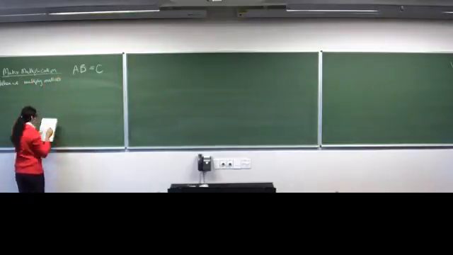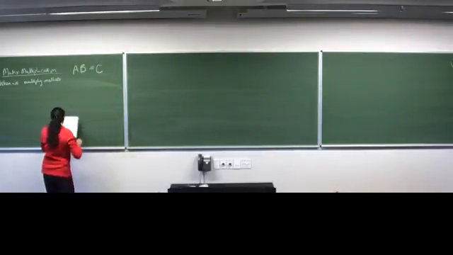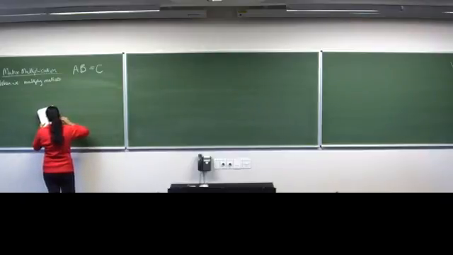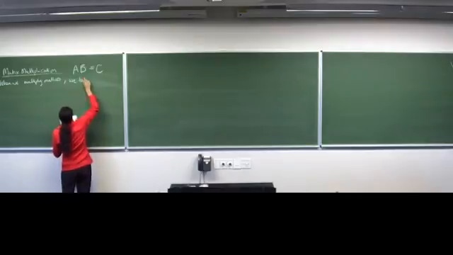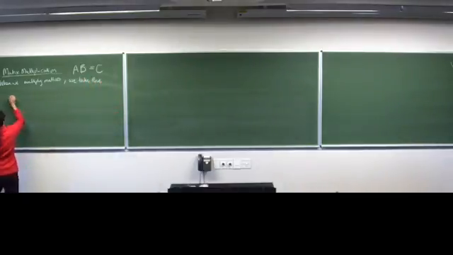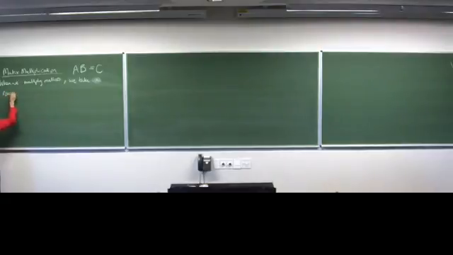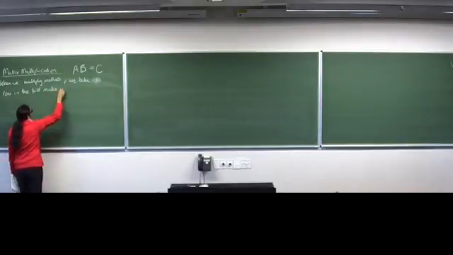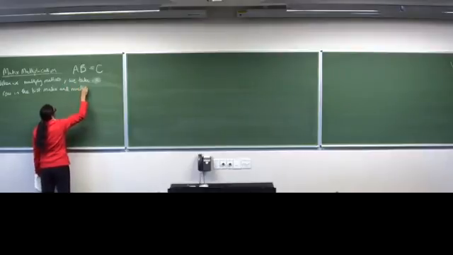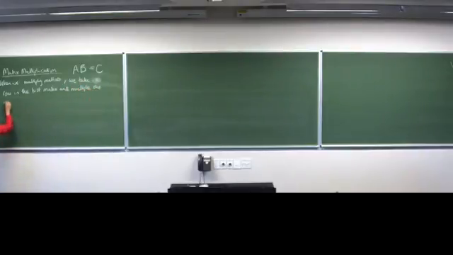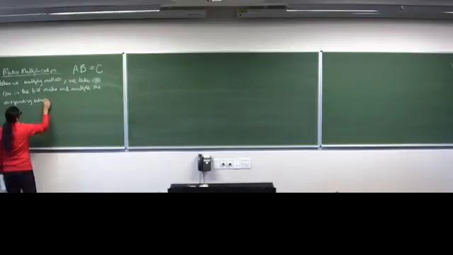So when we multiply matrices, we take a row in the first matrix and multiply the corresponding entries of a column in the second matrix, and add them together.